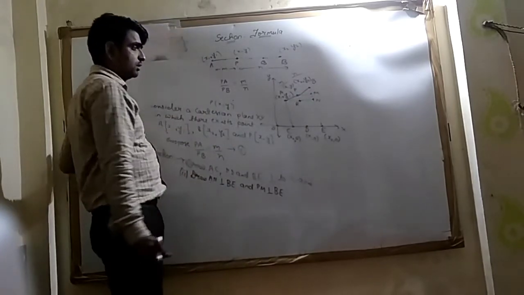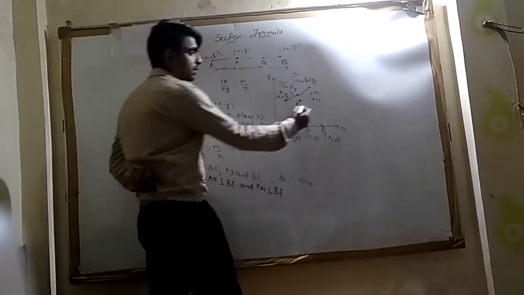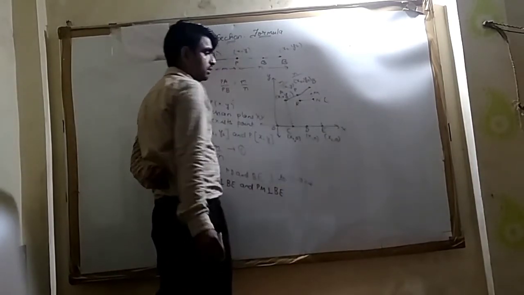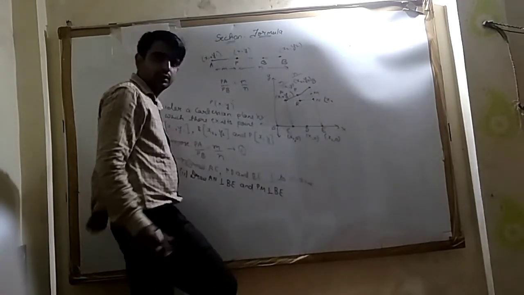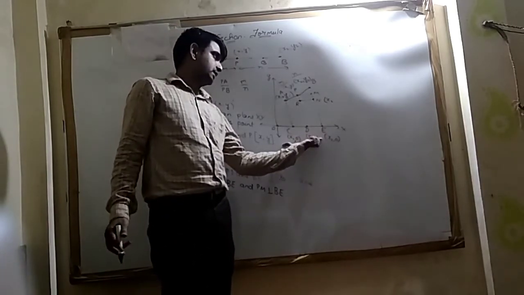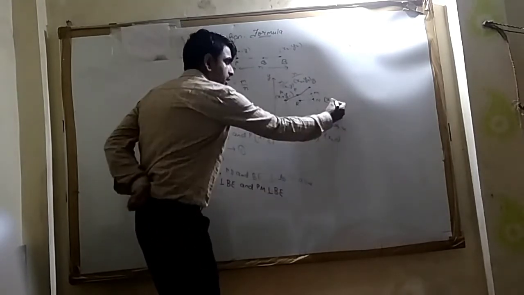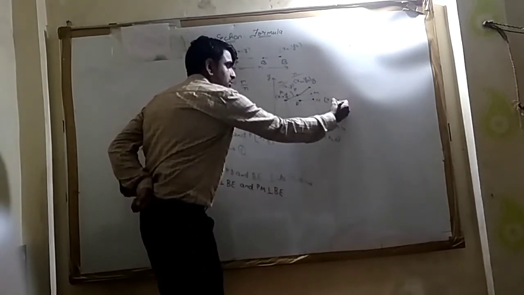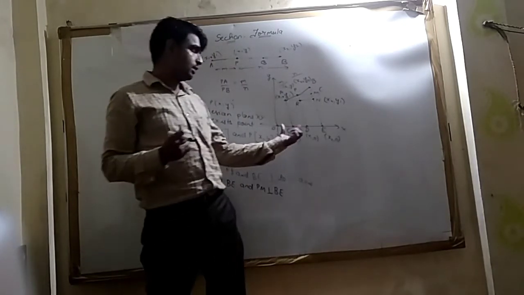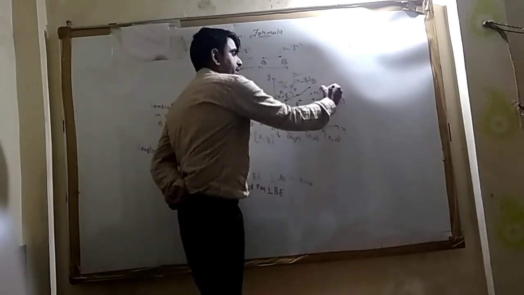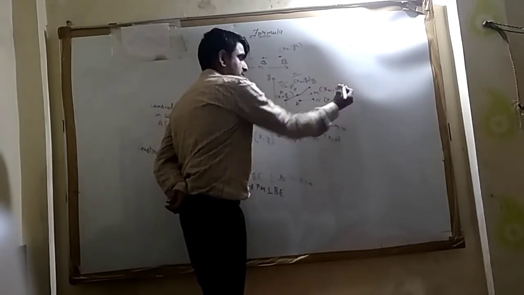Now see, I can write the coordinates of these points. What will be the coordinates of N? See, what is X here? It is X2. Okay, this much distance is X2. So the X coordinate will be X2, and see Y here is Y1. Now coordinates of M. Again x2, and instead of y1 it will be y.